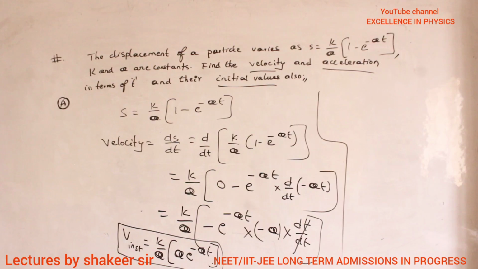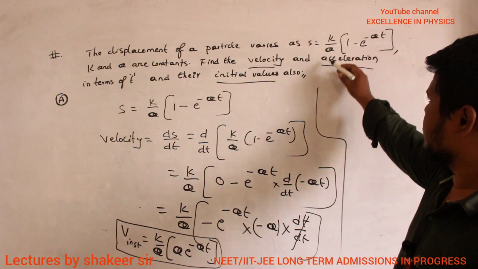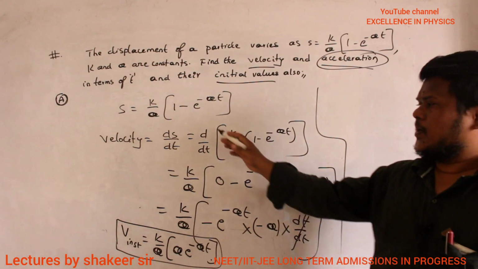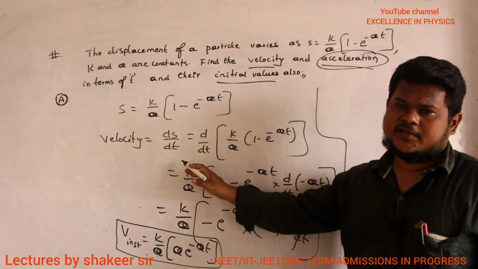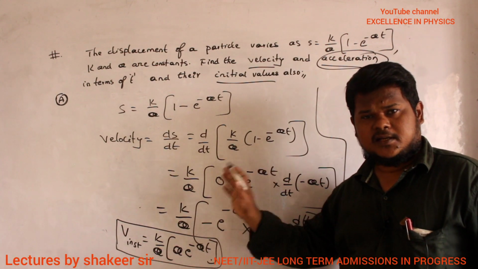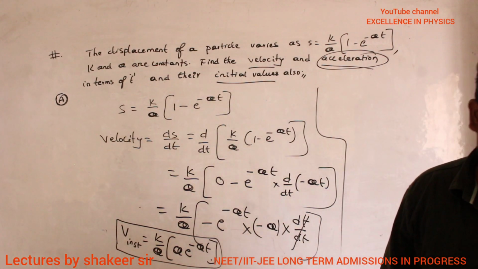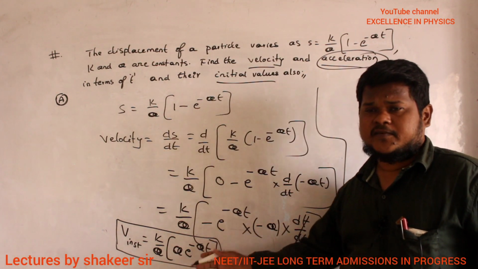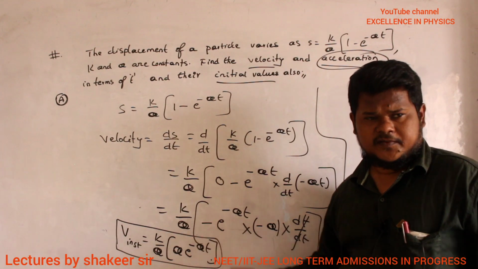Come on. He is asking us to find out acceleration also, no? Now how can I calculate acceleration? So displacement, if I have differentiated with respect to time, I got the velocity equation. Now from the velocity equation, again how can I get the acceleration equation? Tell me. Again differentiate velocity with respect to time. That's what we studied, no?